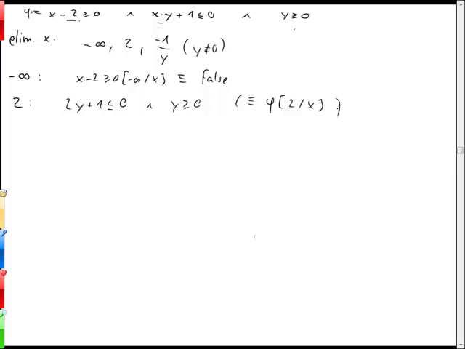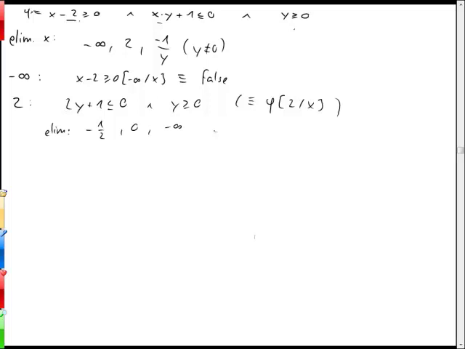Now we have to eliminate y. So for y, we get the test candidates. For the first constraint, we have 0 and minus a half. Am I right? Yeah. And for the second one, it is 0, and of course minus infinity. I forgot.